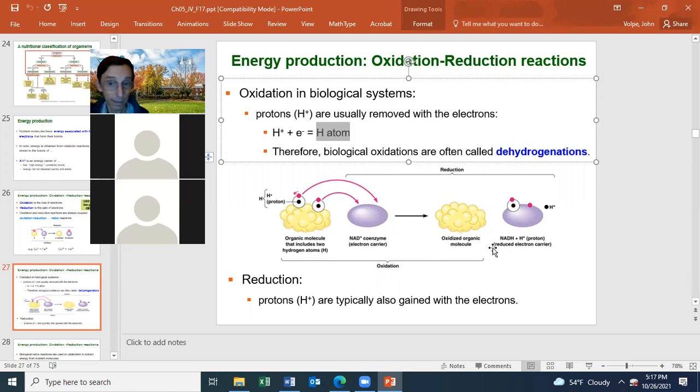NAD plus is reduced and gains a hydrogen, so instead of NAD plus, it is now NADH. The point is, in biological systems, the hydrogen ion frequently just follows the electron. Any question about any of that?